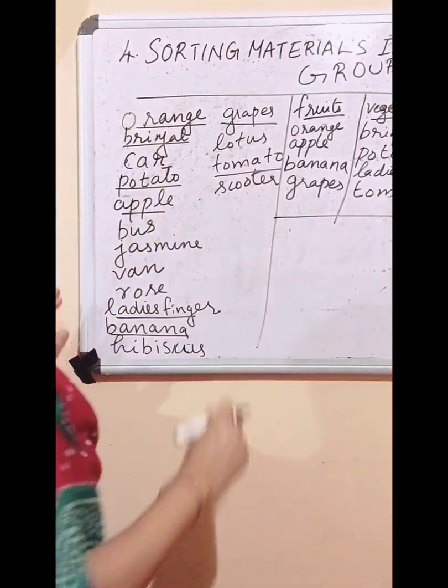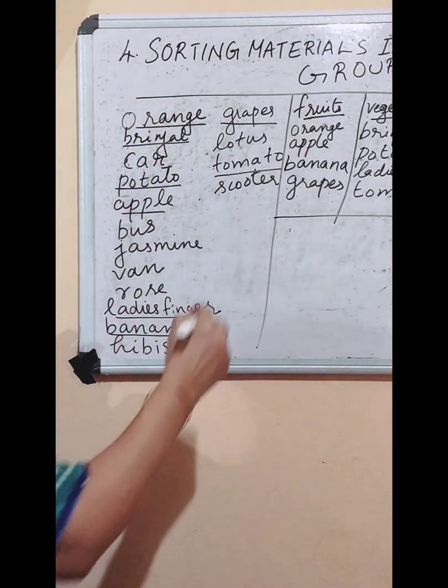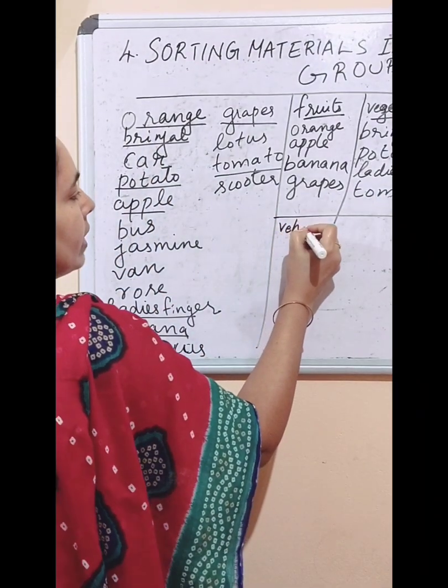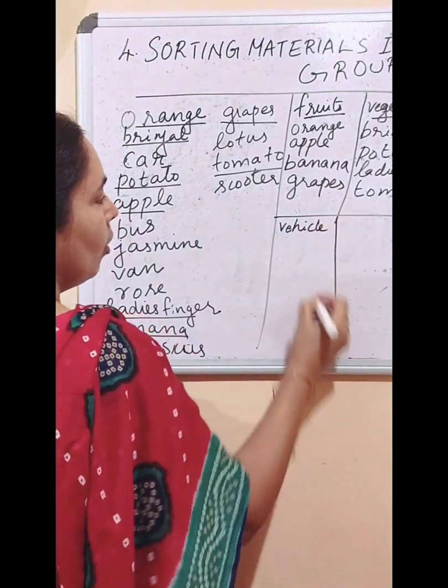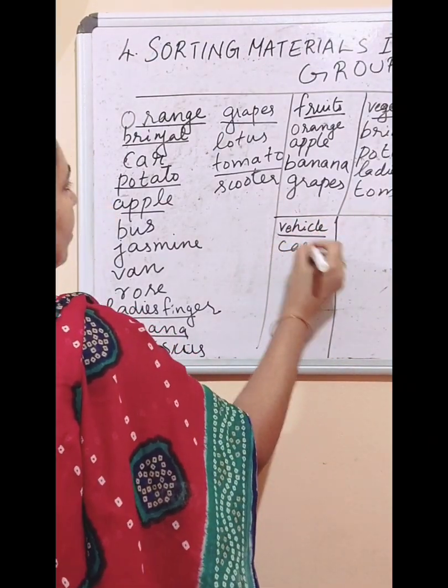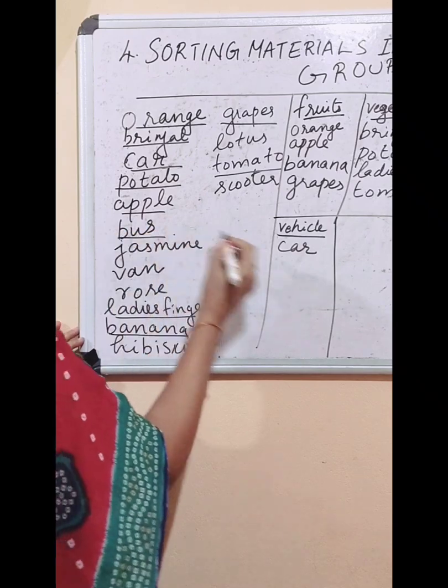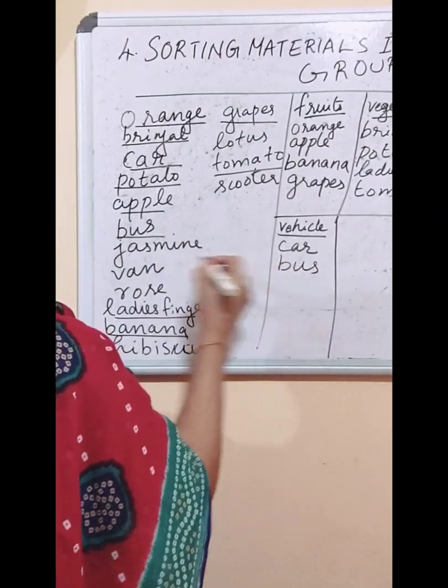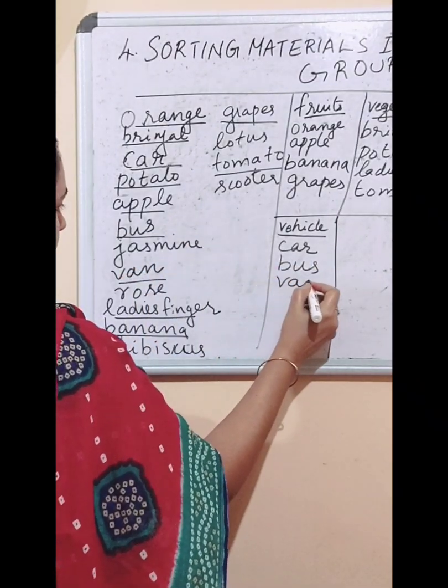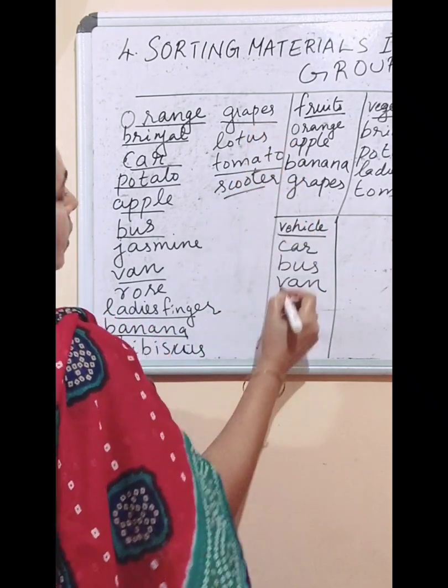Okay, then what all things are there? Car is there. So car is one vehicle. So we can write all the vehicles in one group. So car, then bus, van, scooter.